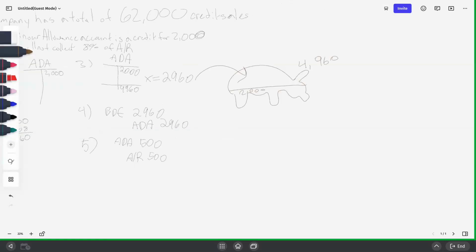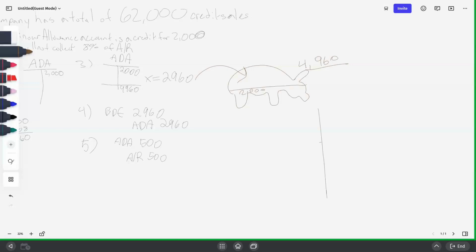No, because we want it to be filled with this amount. It already has that 2,000 in there. We have to add 2,960 more into it. Why? Because we want to get to this total, the total in our allowance for doubtful accounts.